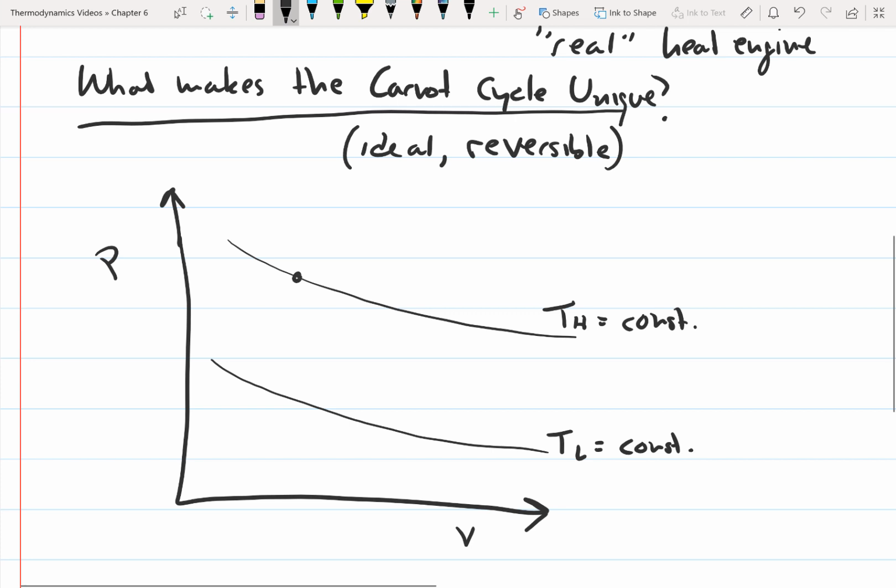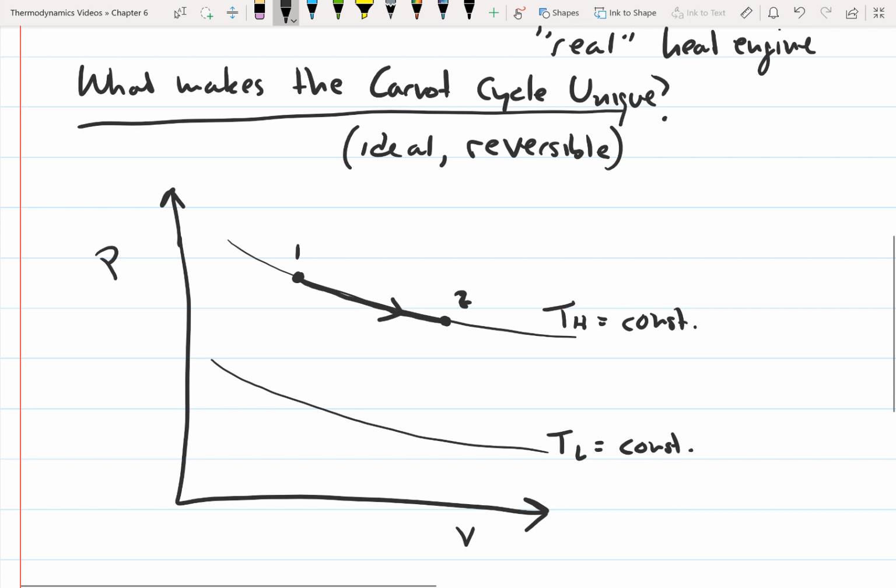So let's say that we start here. So this is state 1, and we go to here. So this is state 2, and we're moving along this isotherm. So basically what we're doing is we're going from state 1 to state 2, and our volume is getting larger.